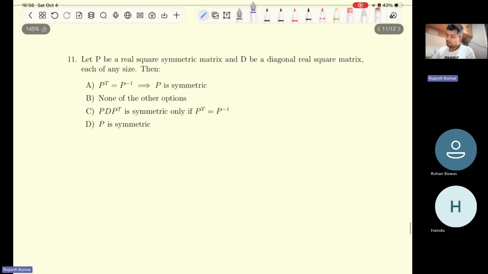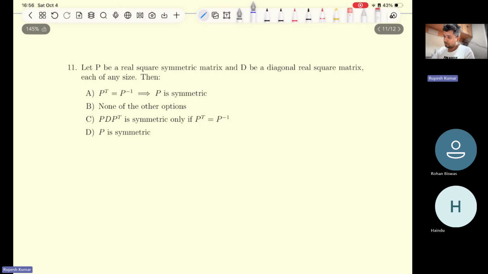So next question: let P be a real symmetric matrix and D be a diagonal real square matrix, each of any size. So P is n cross n, D is also n cross n, and D is diagonal.